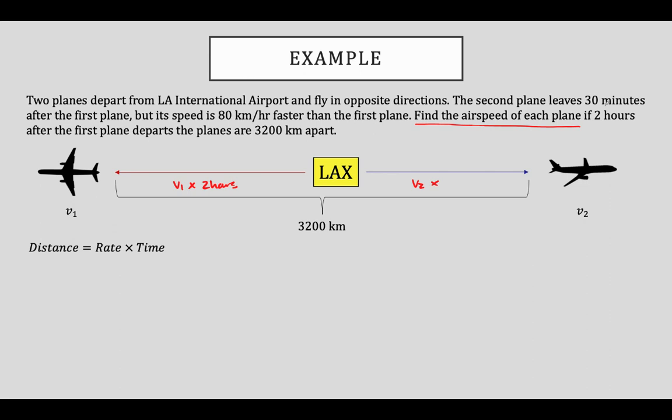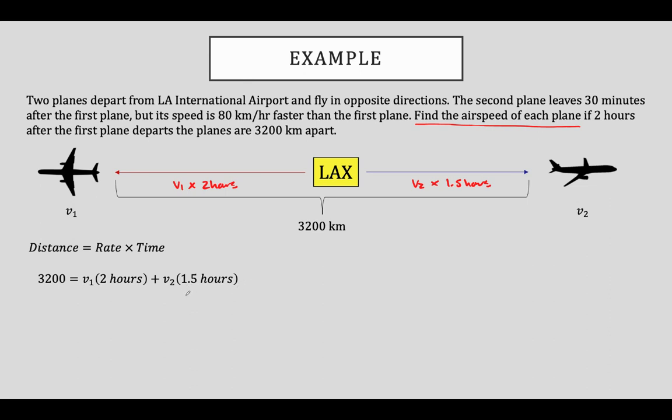A half hour less, right? The second plane leaves 30 minutes after the first plane, so that's going to be V2 times 1.5 hours. Now, when we add these two values together, they have to give us 3,200. 3,200 is equal to V1 times 2 hours plus V2 times 1.5 hours. There is our first equation.